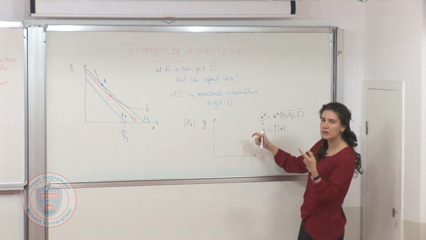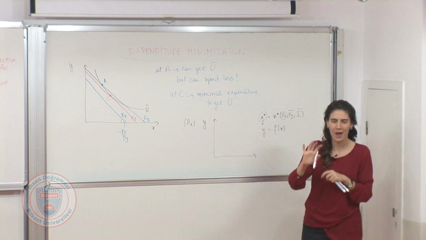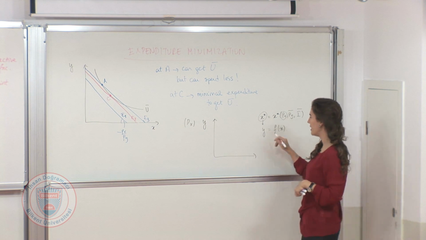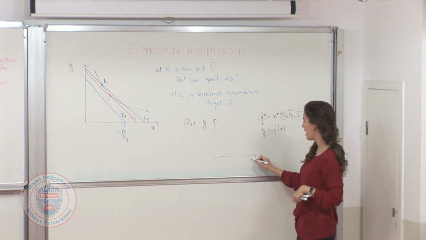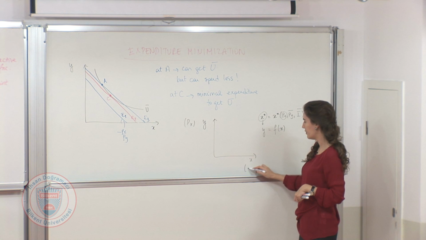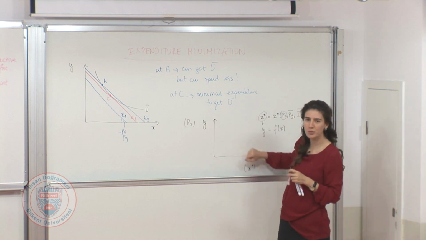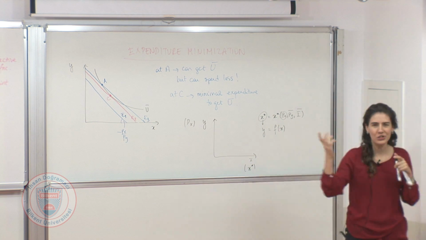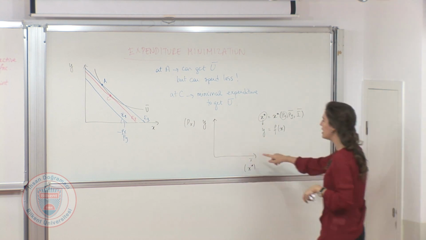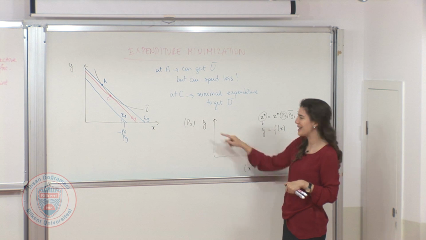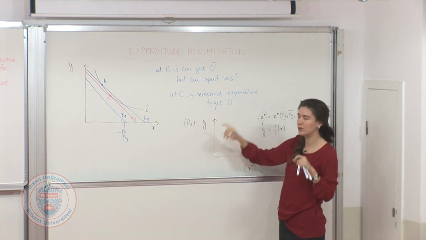So y is now the value of the function. It's not the usual y, okay? Usually the tradition is to put the variable which changes here, and then the value here.